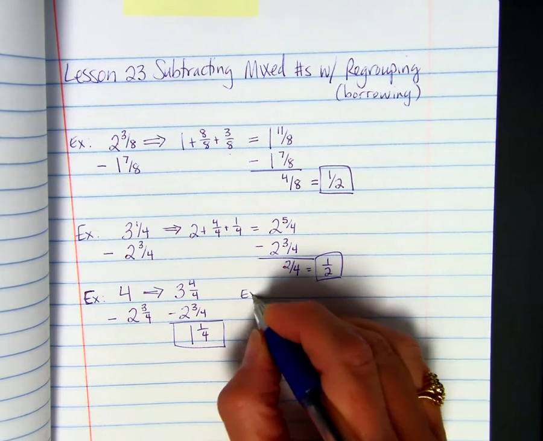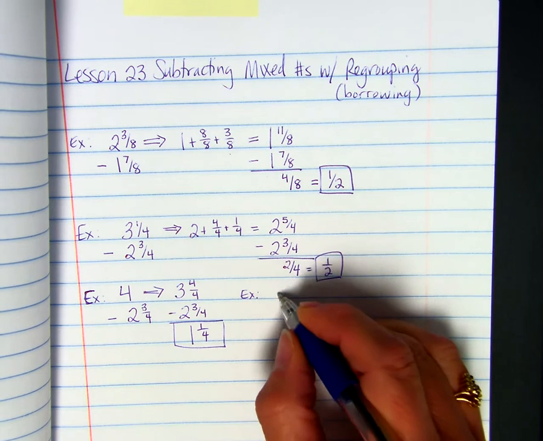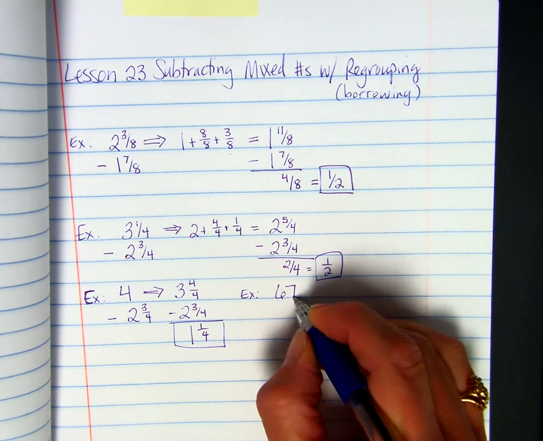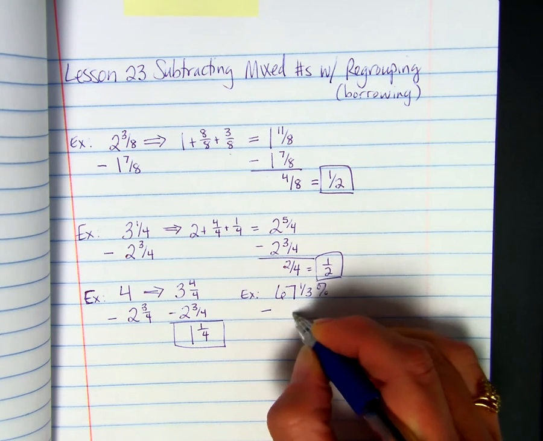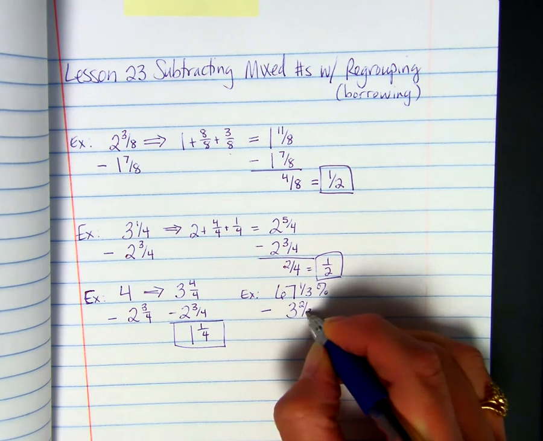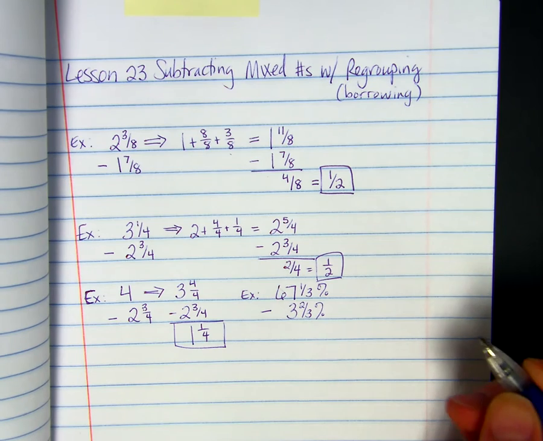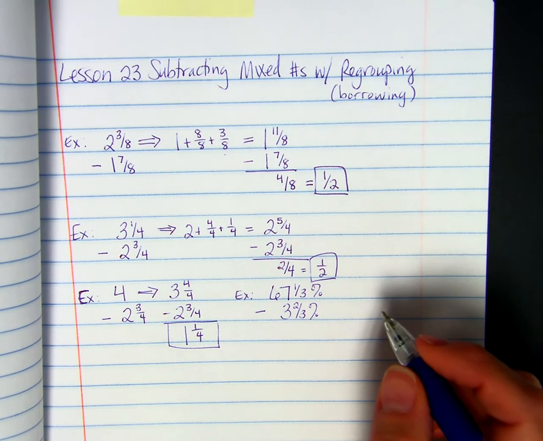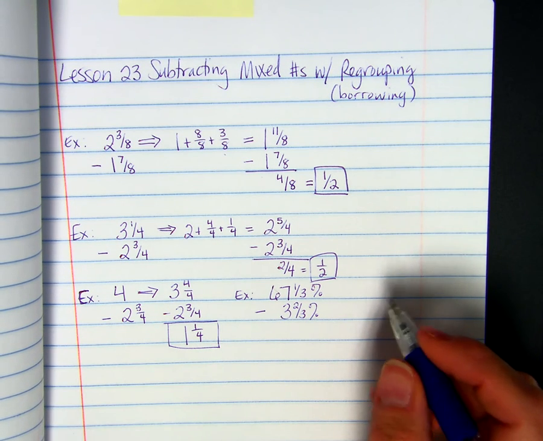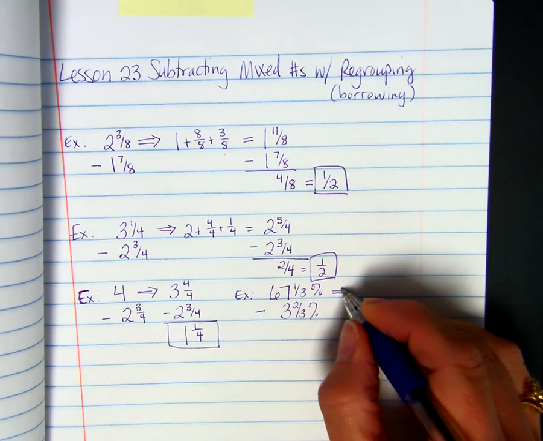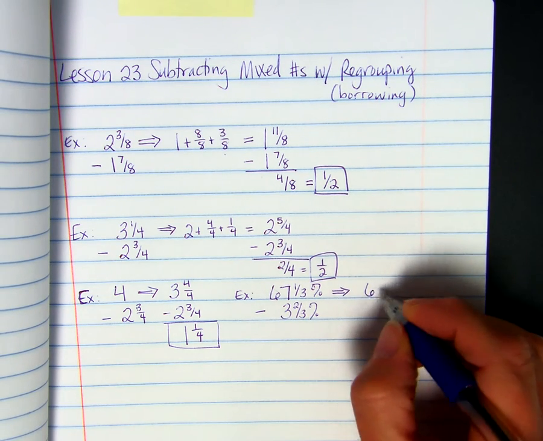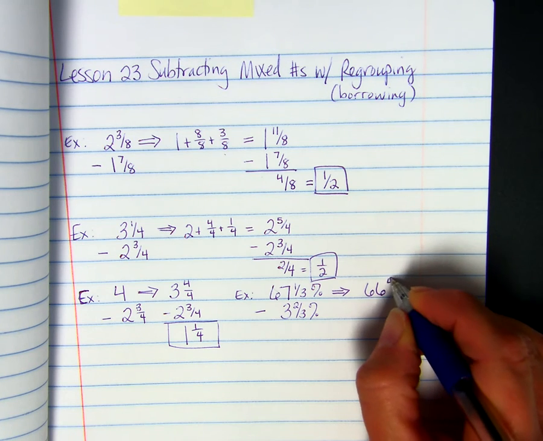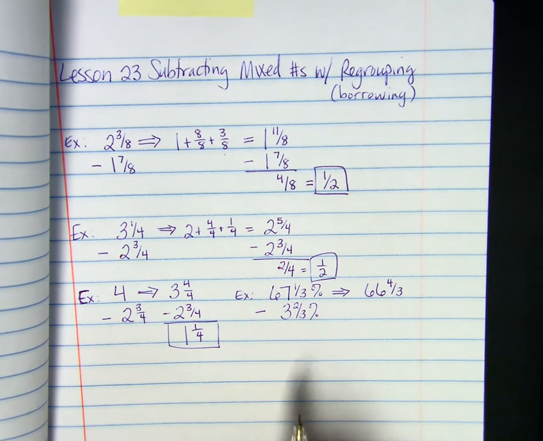And one more example with percentages, 67 1/3% minus 3 2/3%. So we can rewrite 67 1/3 as 66 4/3.